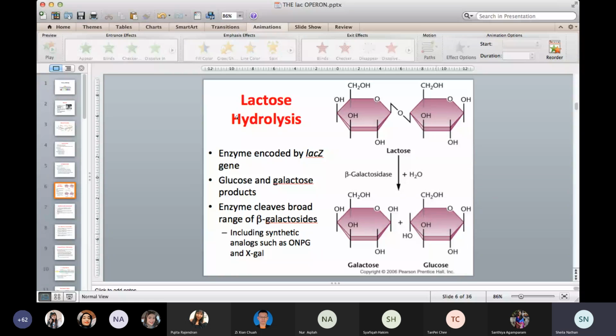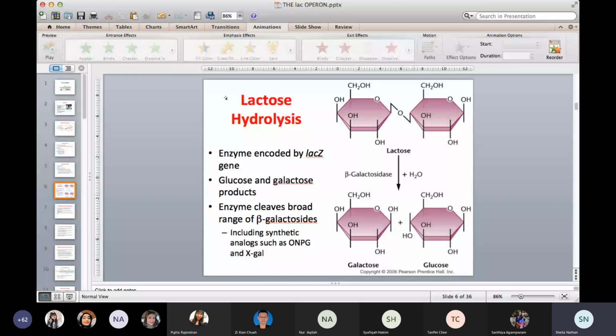So with the Lac operon, the 3 enzymes are involved in breaking down lactose, which is a more complex sugar, to produce galactose and glucose. This glucose will then be used up by the bacterial cell to produce energy.